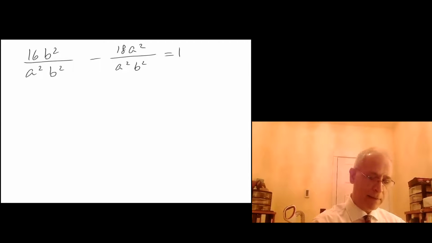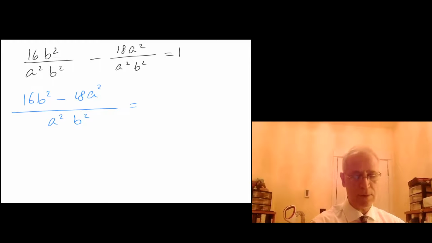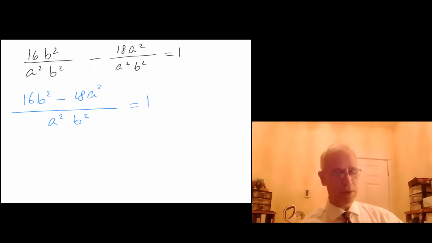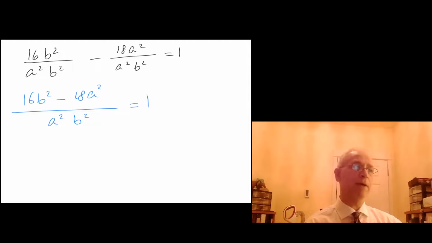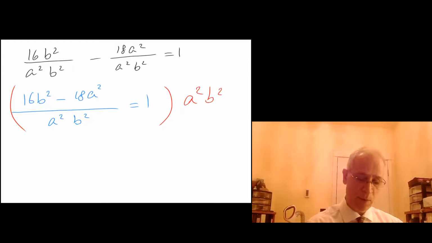Now I can claim that 16b squared minus 18a squared over a squared b squared equals 1. If I multiply both sides of this equation by the least common denominator, a squared b squared, I will get 16b squared minus 18a squared equals a squared b squared.